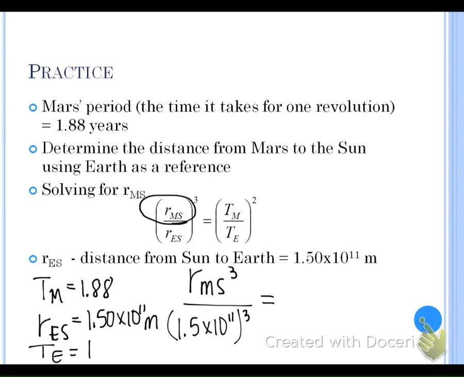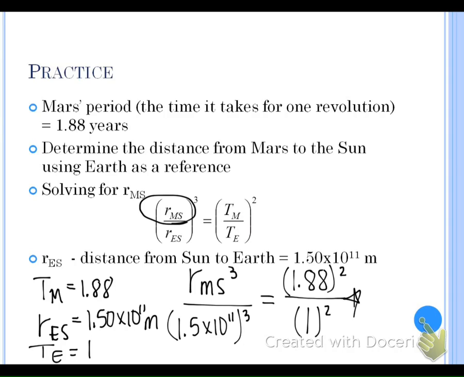All of that will equal the period of Mars, 1.88, squared, all over the period of the Earth, which is 1, also squared. So mathematically, my steps would be to cube this term first, then multiply to get it on this side. I'm going to solve the whole right side of the equation first.